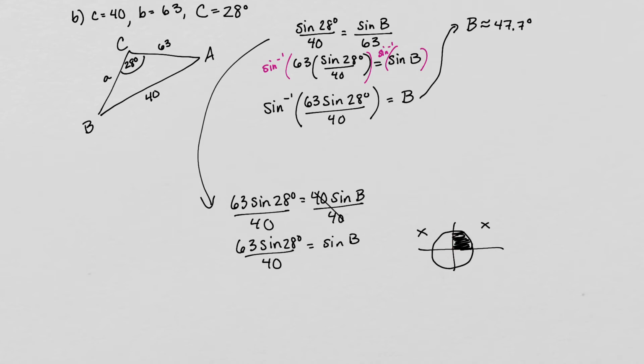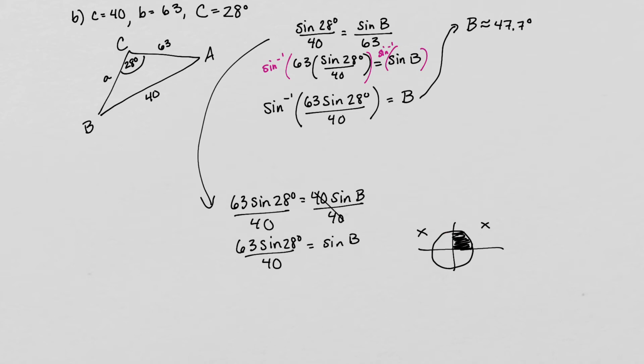People like the law of sines because it's easy to remember. The algebra is not that hard compared to next class, when we're going to learn the law of cosines. However, if you use the law of sines to find an angle, like we just did, you also have to check for the angle that's in quadrant 2.